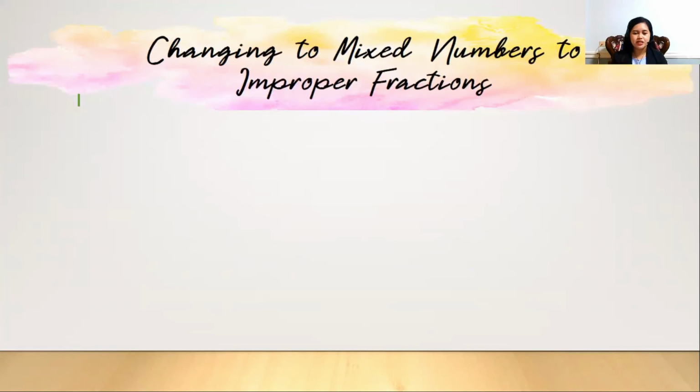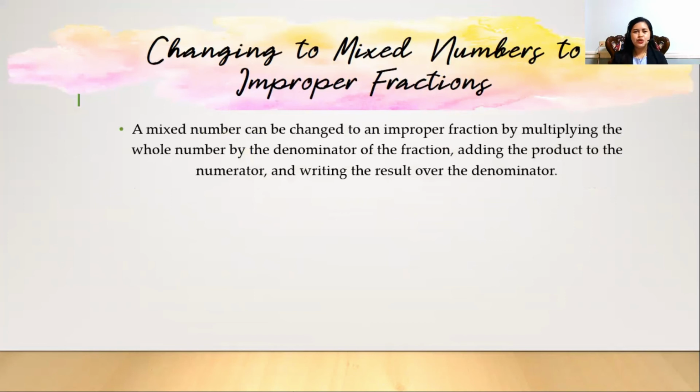Next, we have changing a mixed number to its corresponding improper fraction. In changing a mixed number into an improper fraction, we simply multiply the whole number by the denominator of the fraction, then add the product to the numerator and write the result over the denominator. Let's have an example, the earlier one, 5 and 3/4.